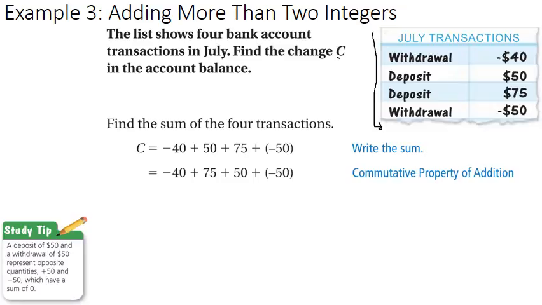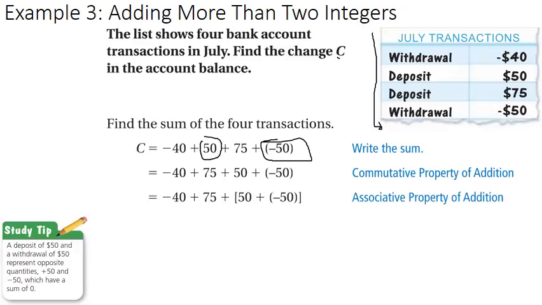Then our next step is going to use the commutative property of addition. And we use this property because we actually can see that we have a positive 50 up here and we have a negative 50 up here, which means it'll be really easy to cancel those two numbers out.